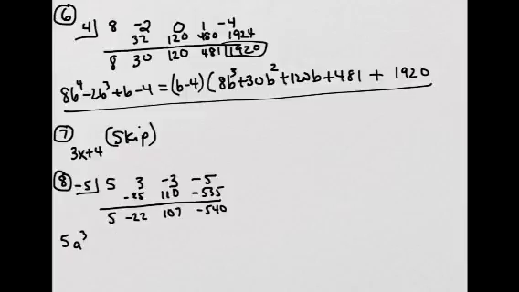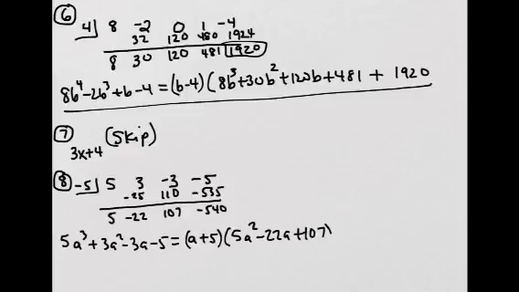So 5a to the third plus 3a squared minus 3a minus 5 equals the divisor, a plus 5, times a quotient, 5a squared minus 22a plus 107 plus the remainder. So in this case it's negative 540. Now I can just put minus 540 without the plus and the parentheses with a negative 540. Either way is fine. So here's the final answer.